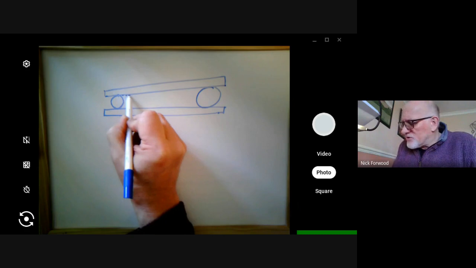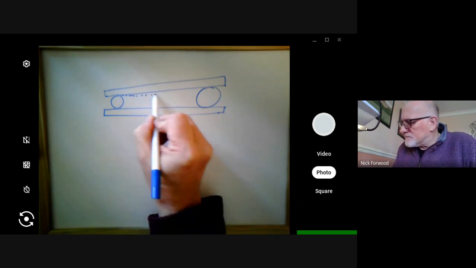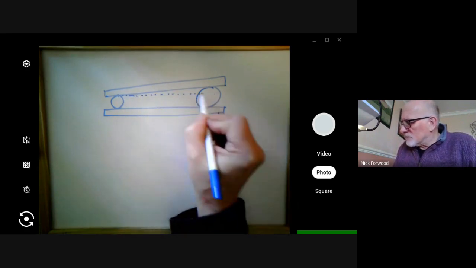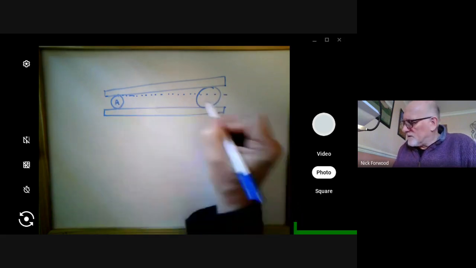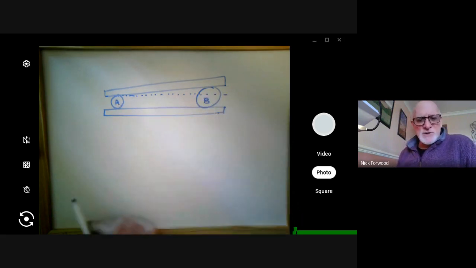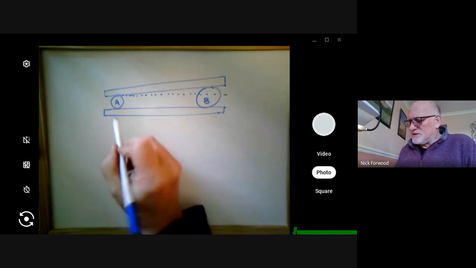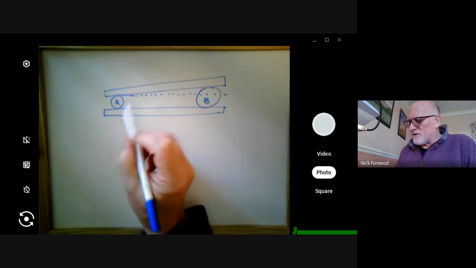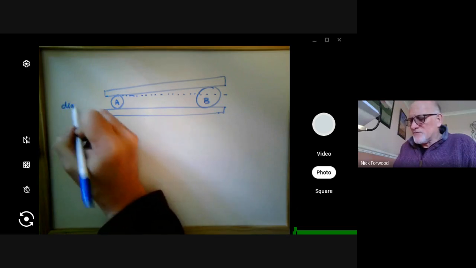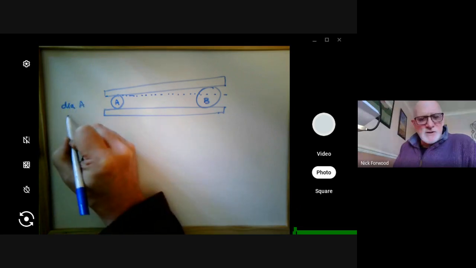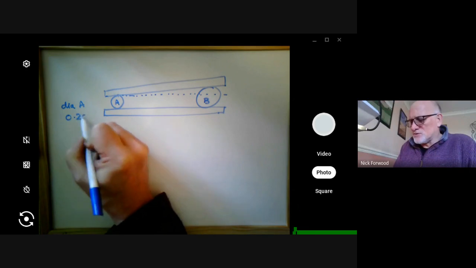And how much thicker, I wonder, is this optical fiber? So we've got fiber A, we've got fiber B, and we know, because it's a calibrated sample which is used as a reference sample, that the diameter of this optical fiber is 0.20 millimeters.